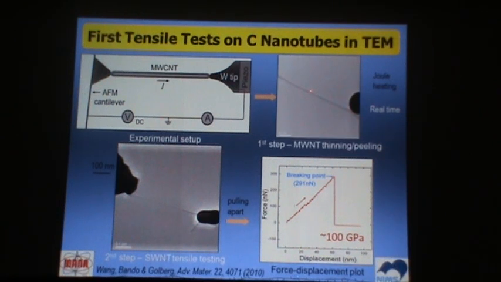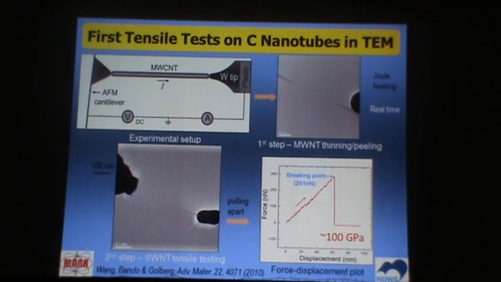You can see that the tube shrinks here. It gets smaller and smaller. So that means we undress the layers one by one, and eventually we end up with just one single graphene layer, a carbon nanotube layer, in the center of this tube. And we can evidence that this is a real single layer using high resolution imaging.